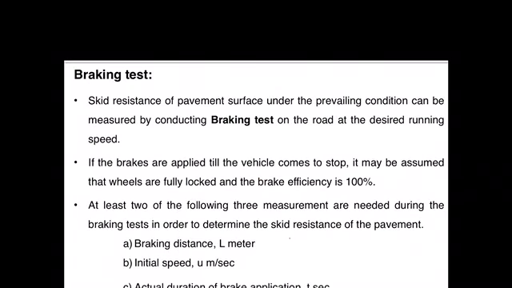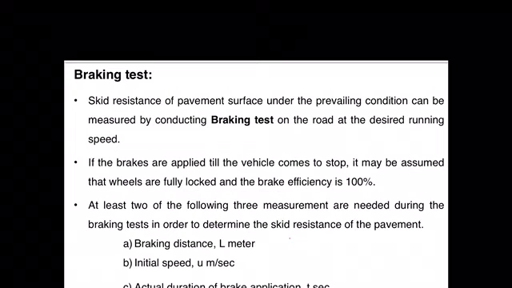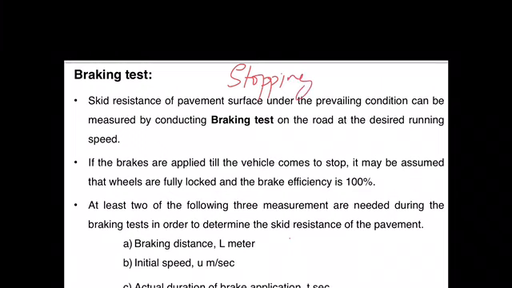As I already mentioned, after application of the brakes, your vehicle will move a certain distance before it comes to a stop. The distance the vehicle has moved is nothing but the stopping distance, which depends upon two parameters. One is the braking characteristic, the type of brake provided, and also its efficiency.